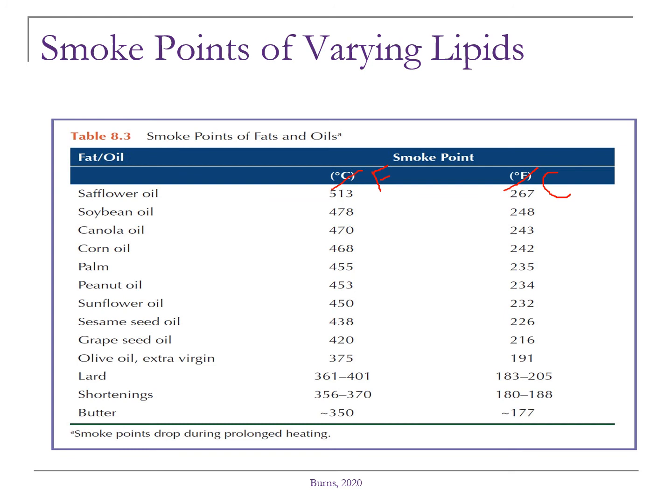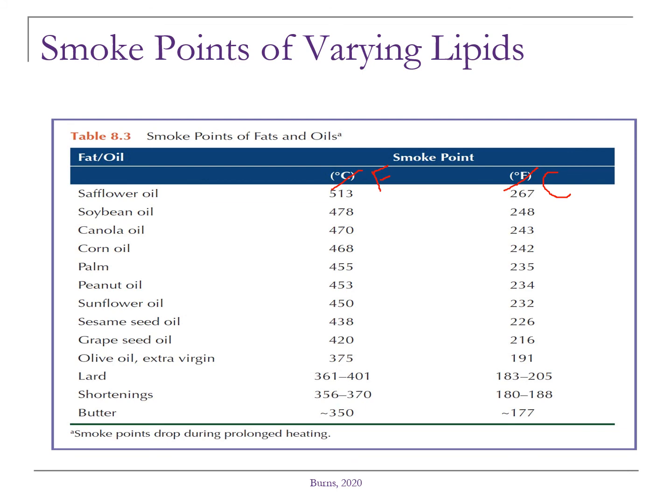So as we think about smoke points, I want you to realize that various fats have different smoke points. So take a moment here to review the various smoke points of lipids. On the graphic, the temperatures are mixed up. So the middle column there are the degrees Fahrenheit, and the final column are degrees Celsius. So as a point of reference, remember that boiling water is 212 degrees Fahrenheit or 100 degrees Celsius.